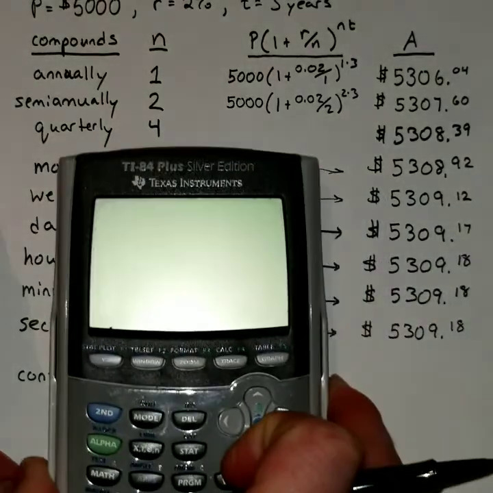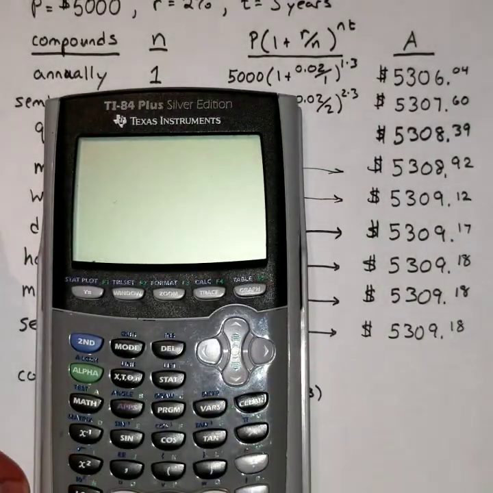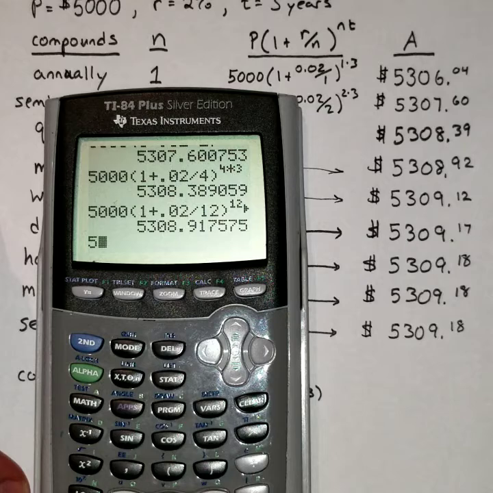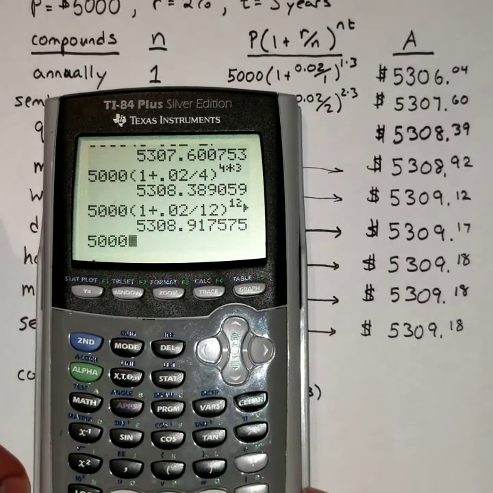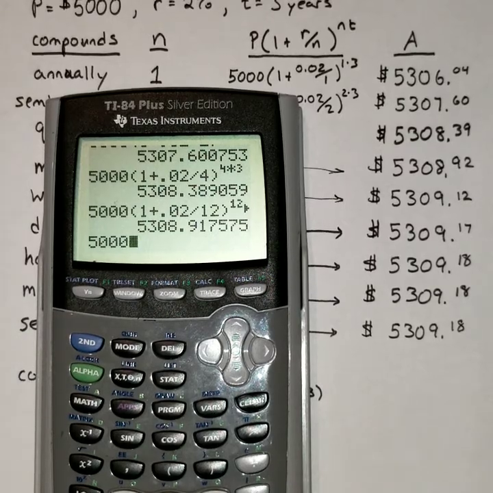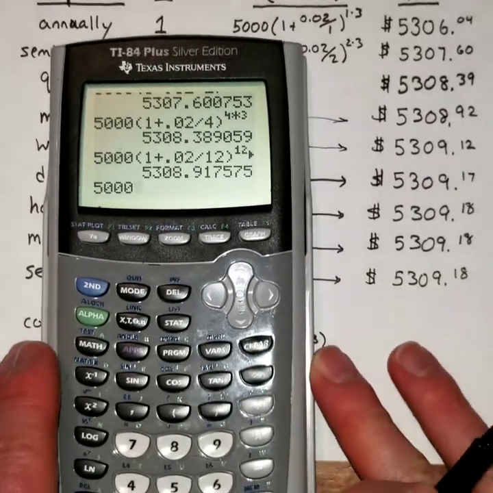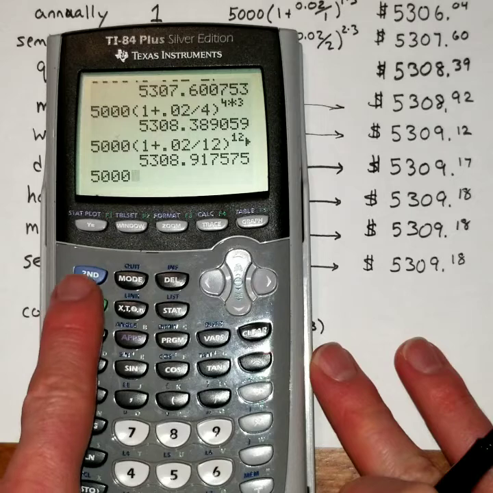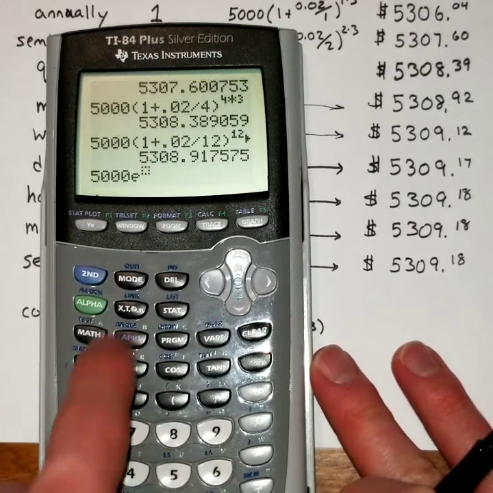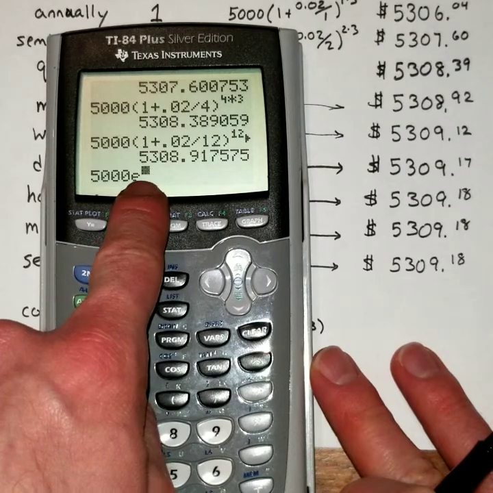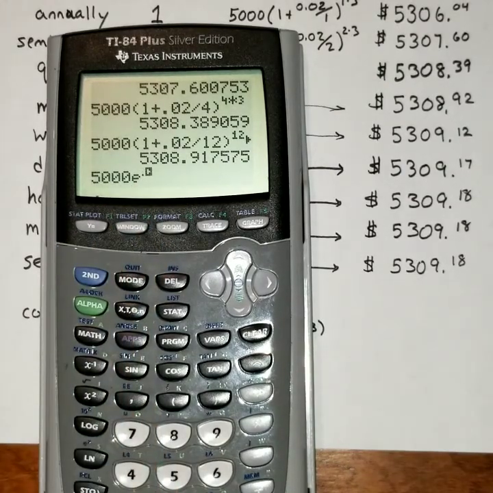If I put that in the calculator, that's 5,000 times e. There's a button on your calculator right above the natural log. If you hit second and then the ln, you get an e with a power. And in that power you want to put 0.02 times 3.